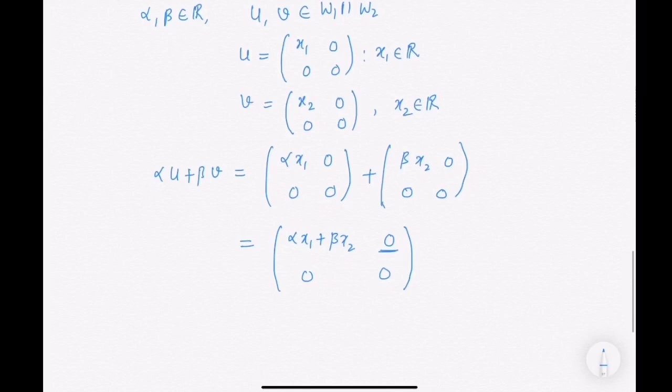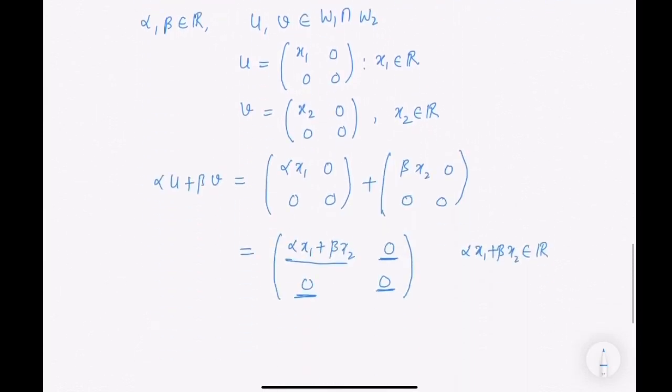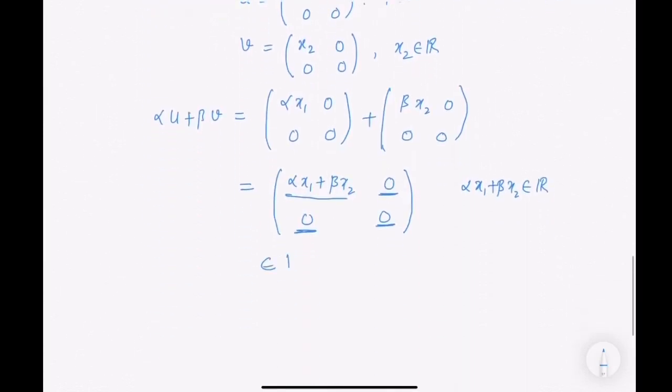Since these three entries are 0 and this entry is non-zero, it may be 0, but because alpha X1 plus beta X2 belongs to R, and this element looks like the element that belongs to W1 intersection W2, so this belongs to W1 intersection W2.